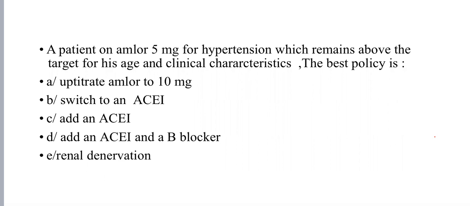So the best policy with uncontrolled hypertension is to think of adding on. Don't keep up titrating the monotherapy, because it takes you nowhere except to generate side effects and no effect on hypertension. Hypertension is a disease of polypharmacy, unfortunately. You have to give more than one medication. So adding on. But I think that's it.